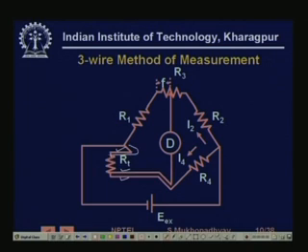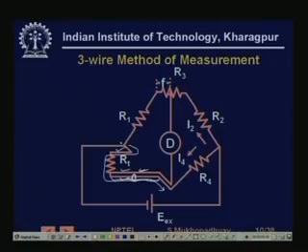The current flows through this path, while the detector senses the voltage across these two. So if there is a variation across this lead resistance, that does not affect it.